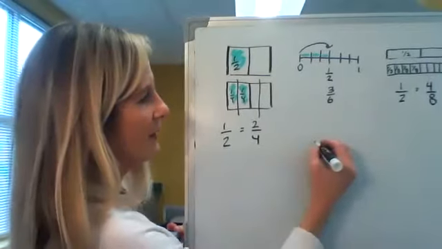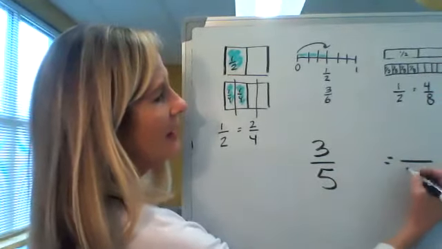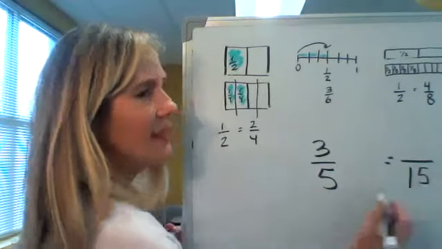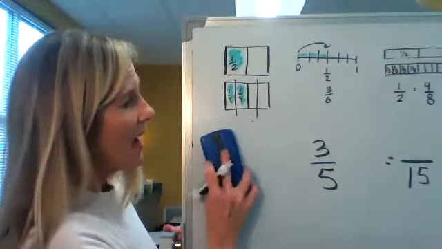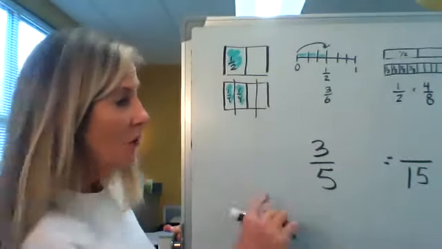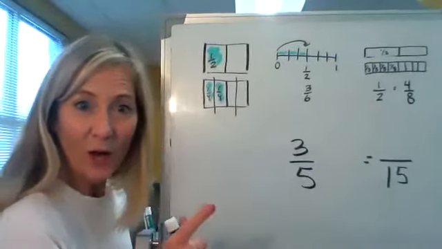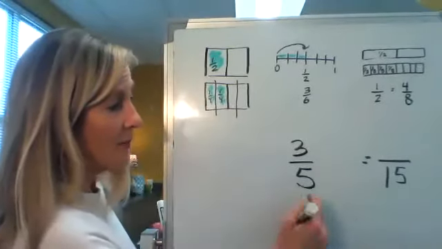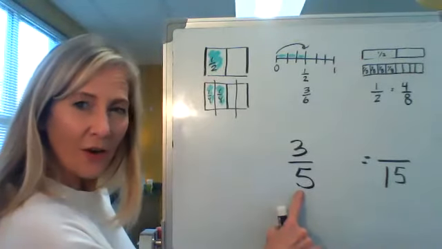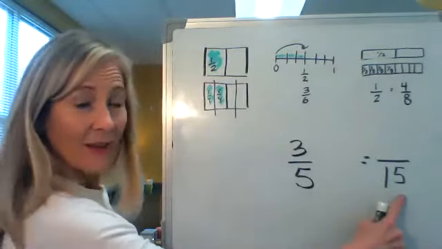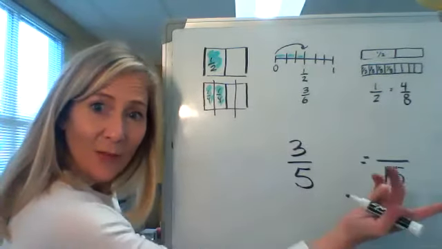How would we do this one? 3/5 is the same as how many 15ths? I don't see a model anywhere. How am I going to figure that out? Well, if I know my multiplication facts, I'm going to probably be able to know how many times more pieces there are. There were 5. How many times do you have to multiply 5 to get 15? 3.